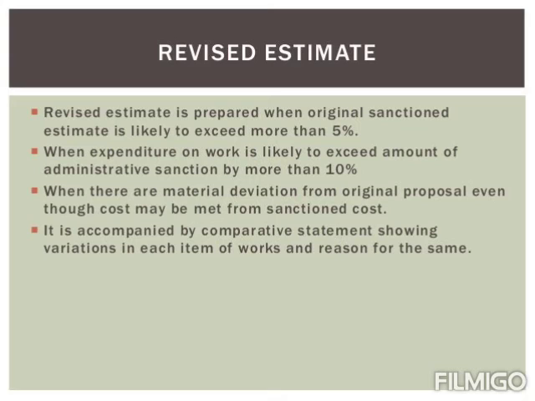When there are material deviations from original proposal, even though cost may be met from sanctioned cost. It is accompanied by a comparative statement showing variations in each item of work and the reason for the variation.